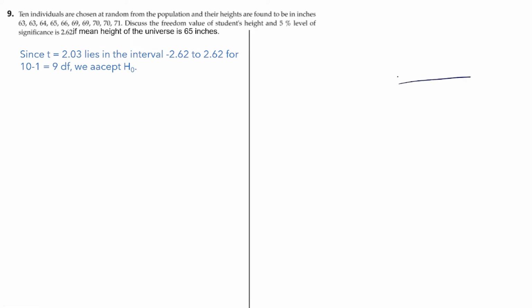So if we have a two-tailed test, this is minus 2.62 and this is plus 2.62. This is the rejection region and this is the acceptance region.